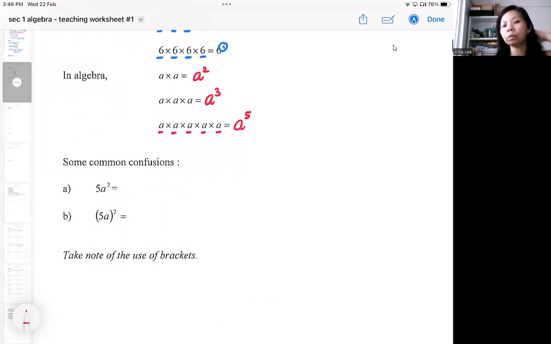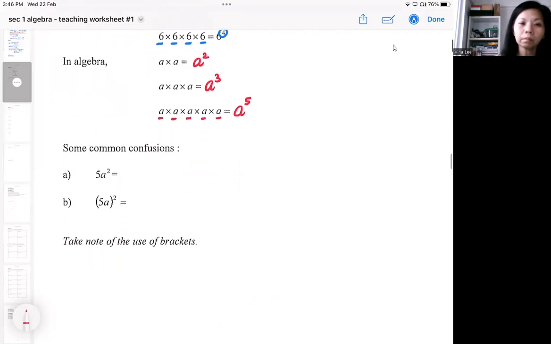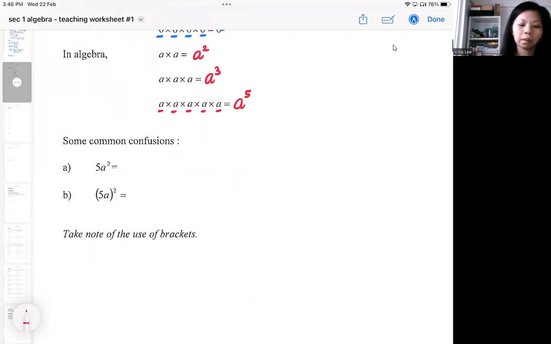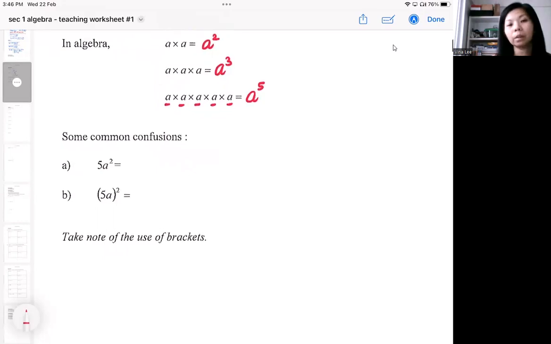The common confusion will be that students get confused by brackets. If you choose to disregard brackets, your algebra will be very, very wrong. For example, if I wrote 5a squared, it actually means 5 times a times a.